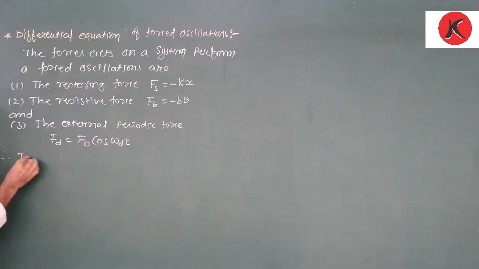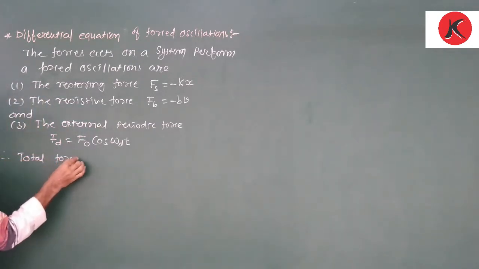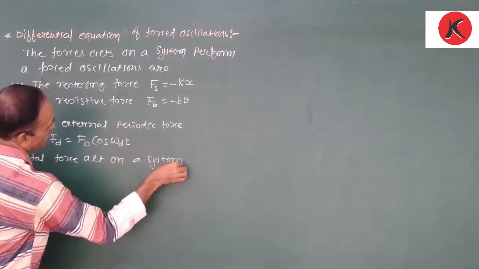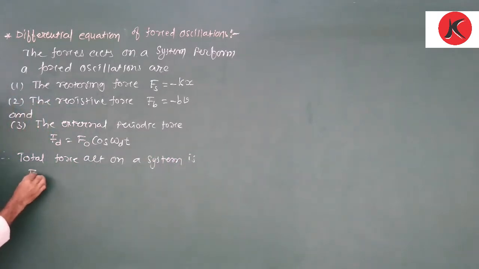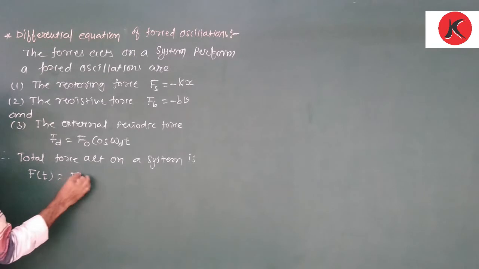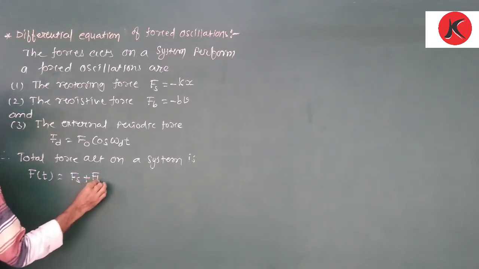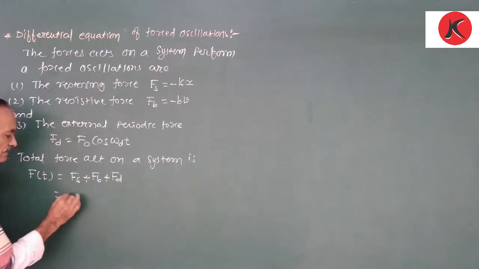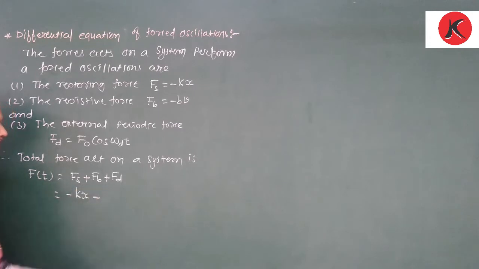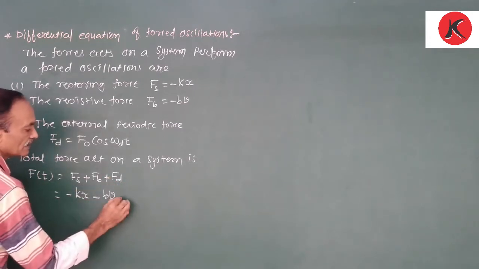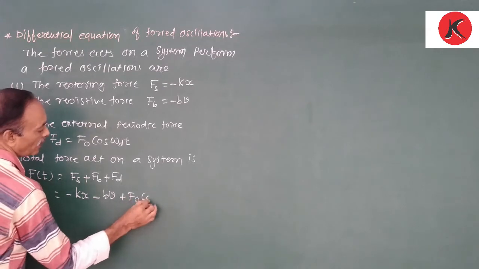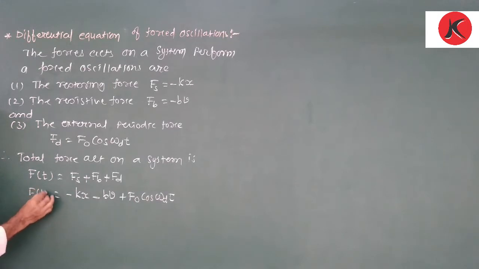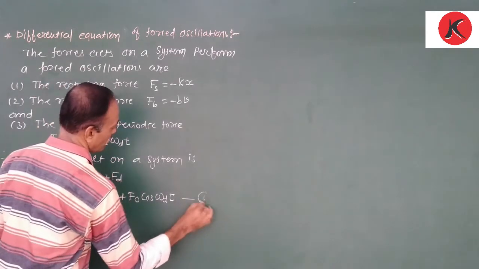Therefore, the total force acting on a system is Ft is equal to Fs plus Fb plus Fd. Substituting the values, Fs is minus Kx, Fb is minus bv, plus F0 cos omega d into t. That is our equation number 1.